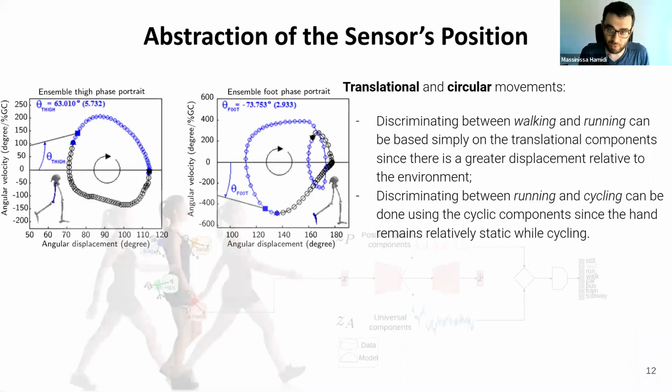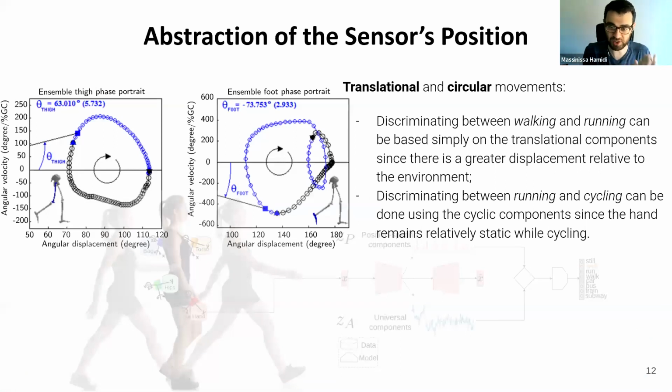We can see that the motion data generated by the sensors located at the hand or the hips are made up of translational components, in other words, the displacement of the body relative to the whole environment, and other components which are cyclic by nature and which correspond to the displacement of the hand or the hips relative to the reference, which is the human body.